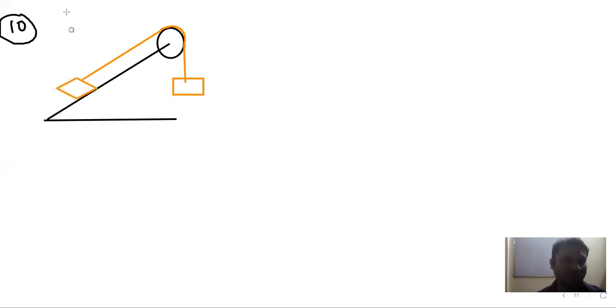So this is the diagram. This is mass M1, this is mass M2. In this case, we have coefficient of friction, which is mu. So let us say in this case, what should be the value of M2 so that M1 slides upward. So we have to find the value of M2.